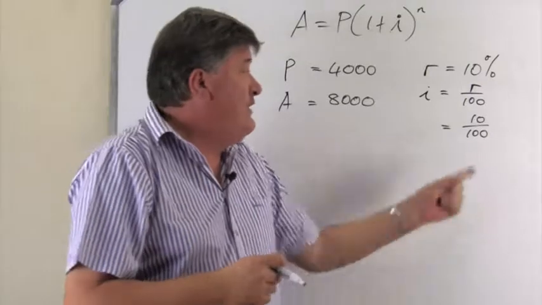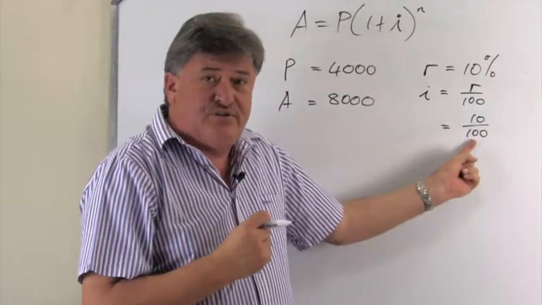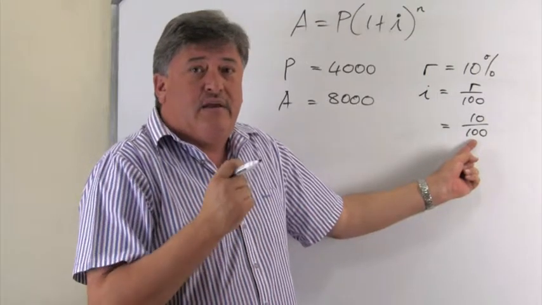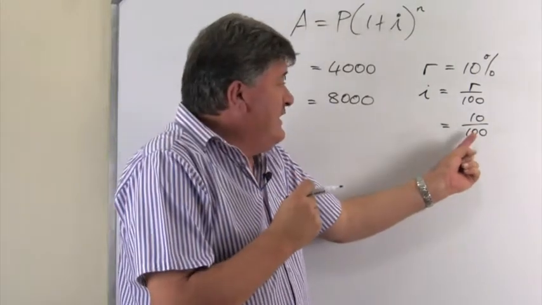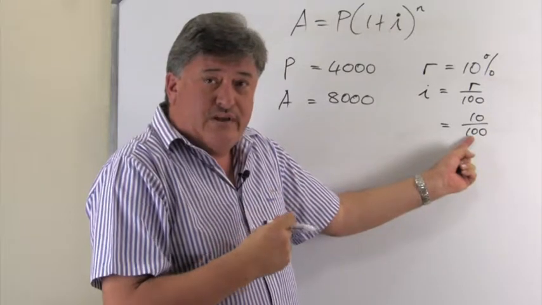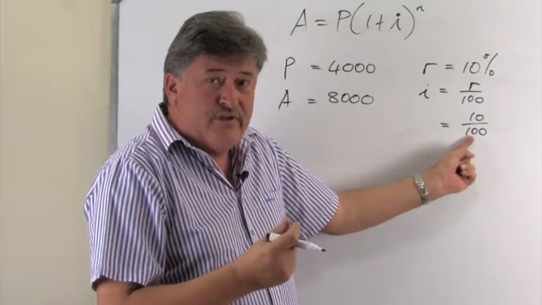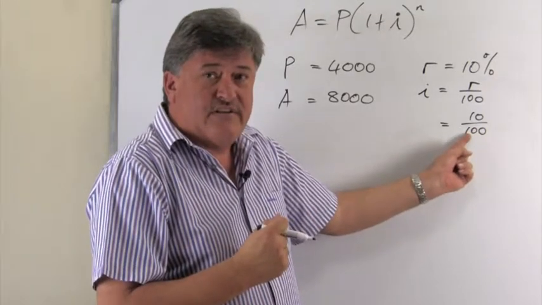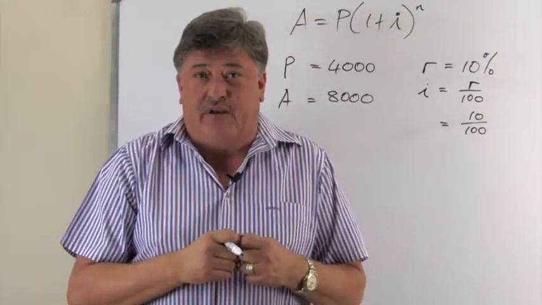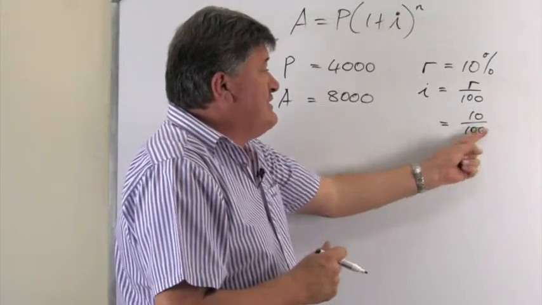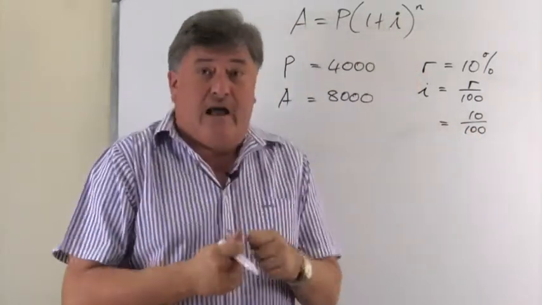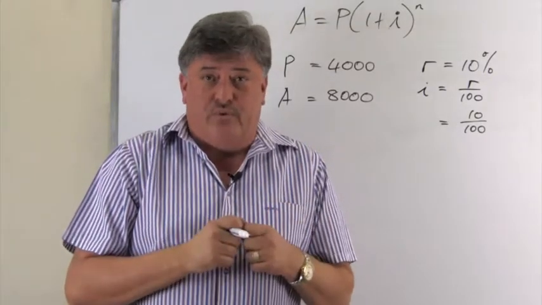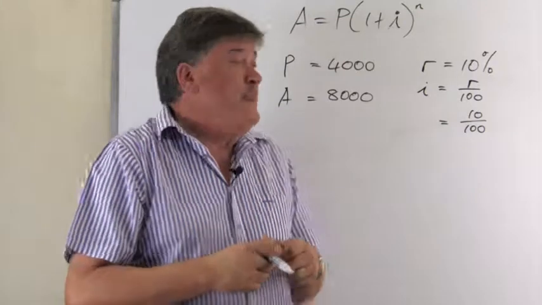Please remember, when you calculate this before substitution, you are not allowed to round it off. So if it's an easy one like this one, where you can do the division and there's no rounding off, it doesn't matter. But please take note that you're not allowed to round this interest rate off because your answer will not be accurate. Then it's better to substitute this whole fraction into I. And when you calculate it on your calculator, you will work with it as a fraction then.